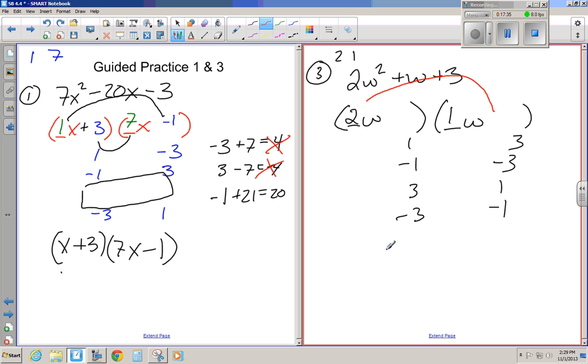2 times this column is 6. This column times 1 is plus 1. And just keep going down the line. 2 times negative 1, or 2 times 1 is 2.